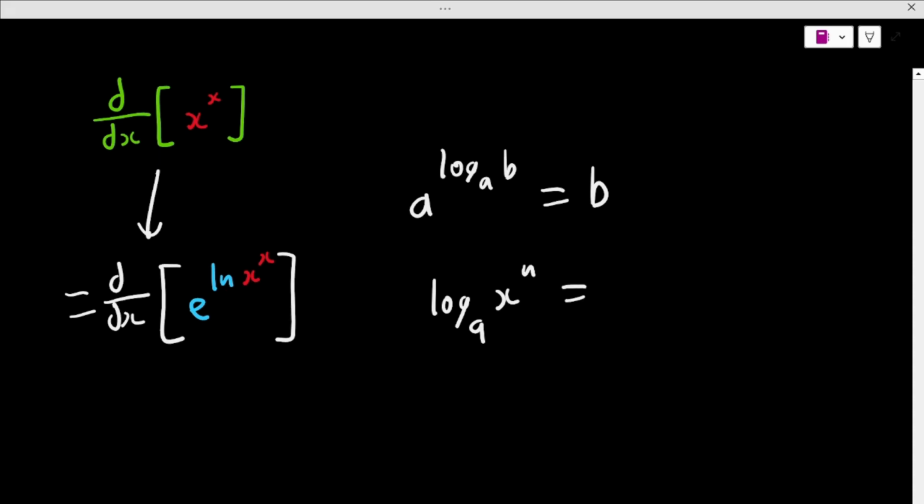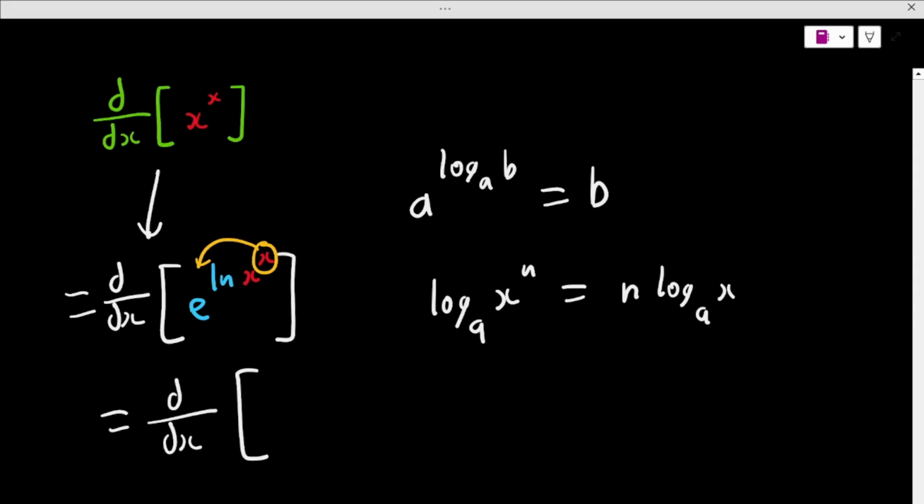This is the same as n times log base a of x. So it's kind of like we can bring down the power when we have a logarithm. So we can see this x and bring it down. So this is going to be the derivative with respect to x of e to the power of x ln x.